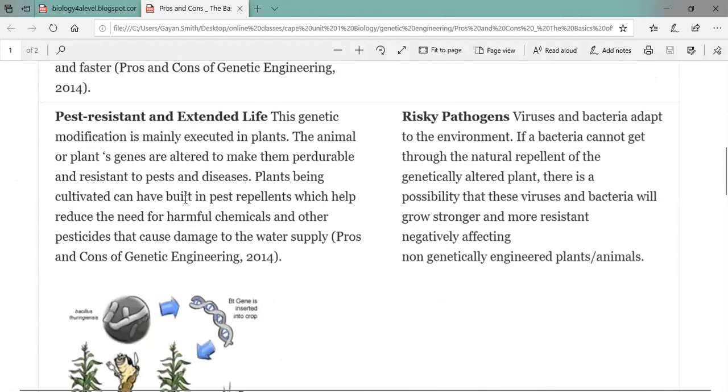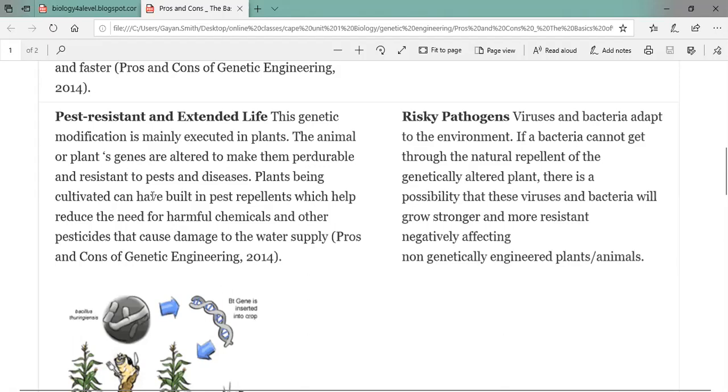Another thing they said is that you can use genetic engineering to make pest-resistant organisms with an extended life. So this genetic modification is mainly executed in plants. The animal or plant genes are altered to make them, I suppose they mean durable and resistant to pests and diseases.